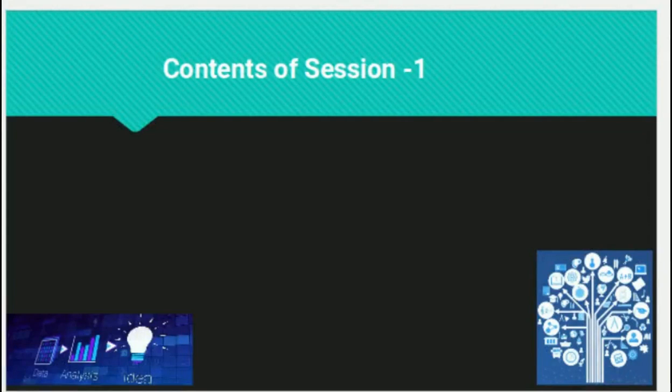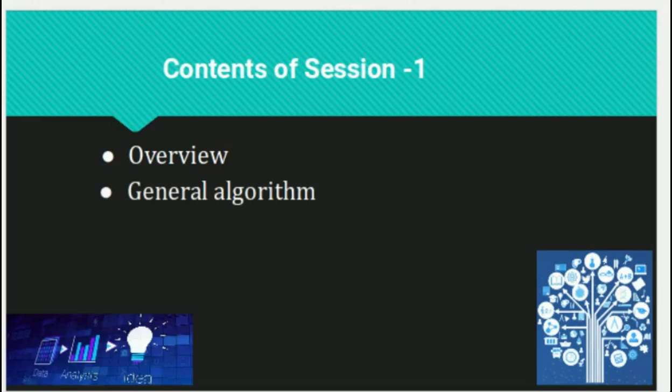Next, we will see the contents of session 1. To learn the decision tree algorithm, we divide this topic into 4 major parts. We begin with an overview of the decision tree, in which you will learn what exactly classifier means, and what the role of supervised and unsupervised learning is in the classification model. After that, we will learn the general algorithm for constructing a decision tree.